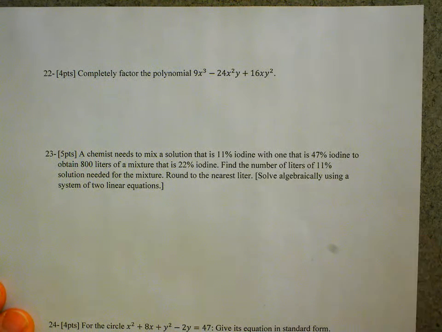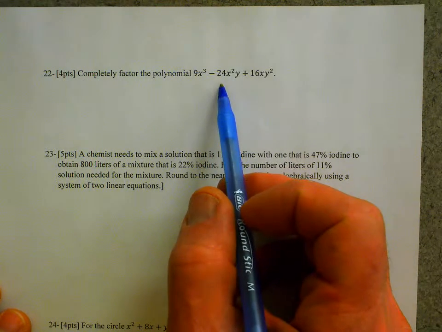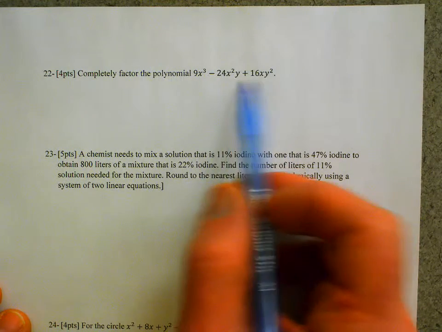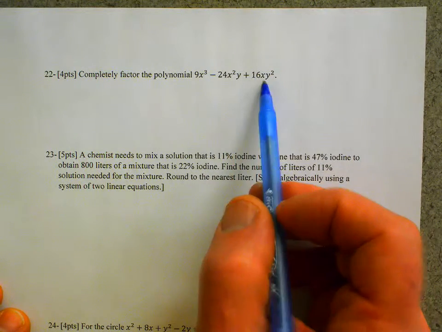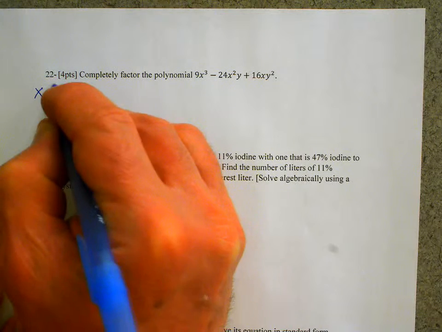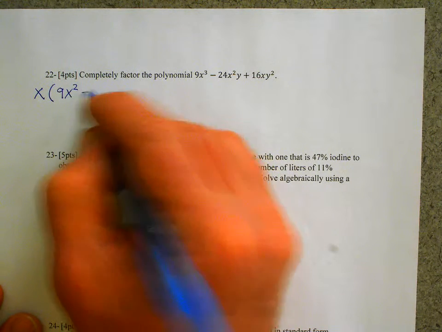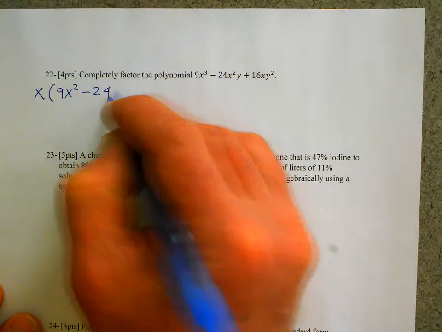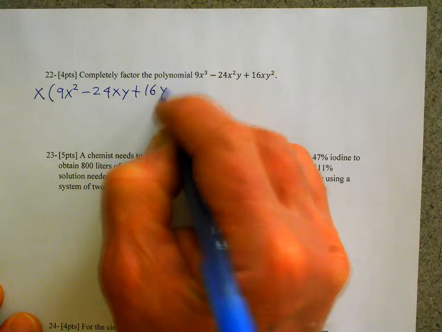Well, the first step in factoring, if the greatest common factor is something besides 1, is to factor that out. So x is a common factor. That's the greatest common factor. So factor x out, and we're left with 9x to the second minus 24xy plus 16y to the second.